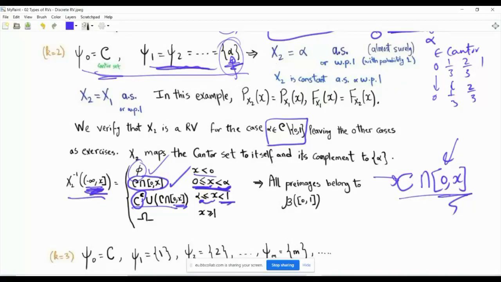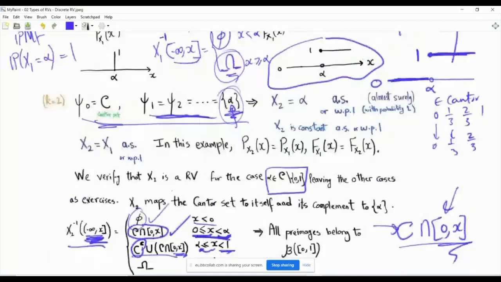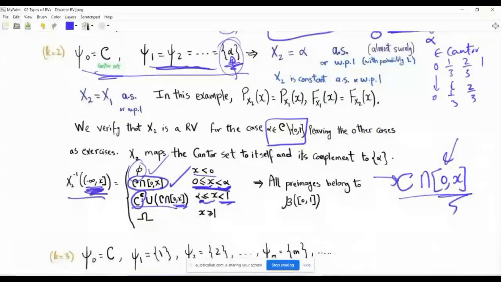In this particular example, this is omega, which is [0, 1], and this is the real line. The mapping is like this.